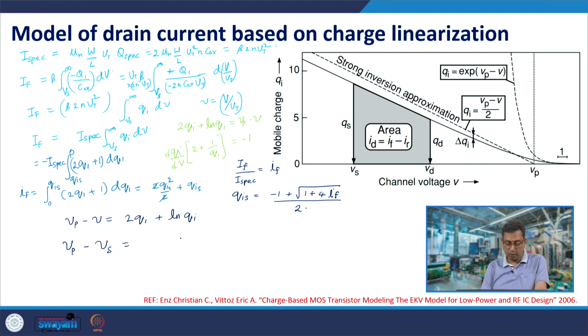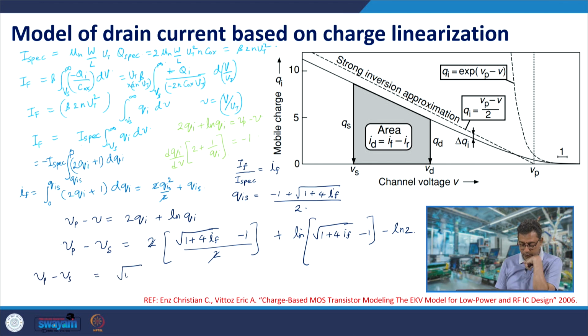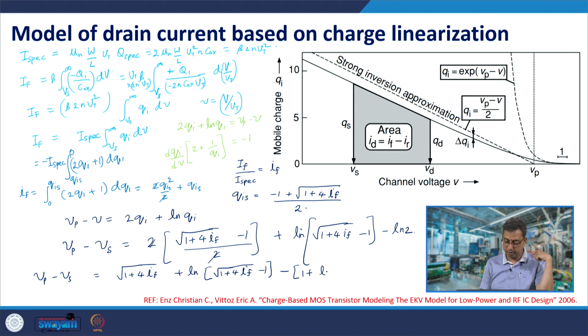Now, what is this equal to? 2 times square root of 1 plus 4 If minus 1 plus natural logarithm of square root of 1 plus 4 If minus 1 minus natural logarithm of 2. So, the expression turns out to be Vp minus Vs is equal to square root of 1 plus 4 If plus natural logarithm of square root of 1 plus 4 If minus 1 minus 1 plus natural logarithm of 2.